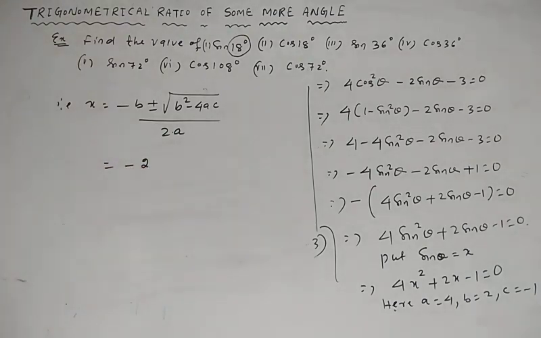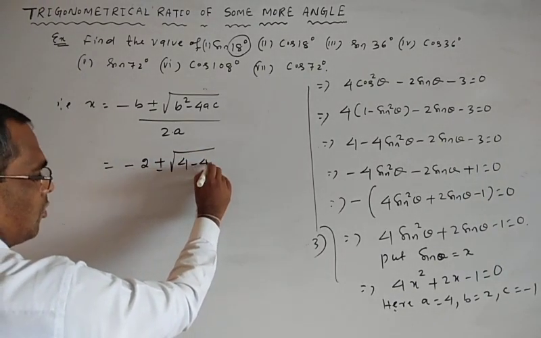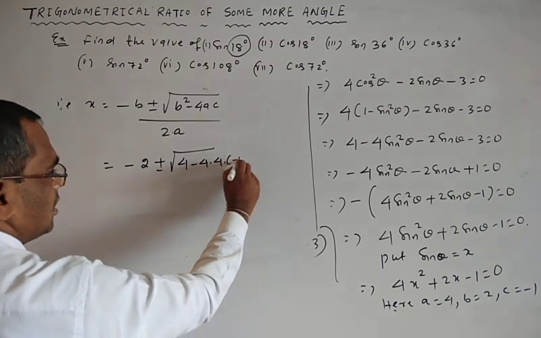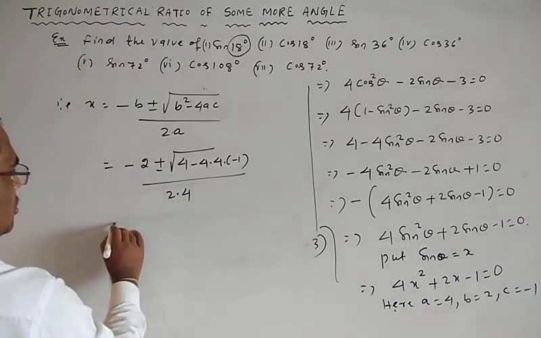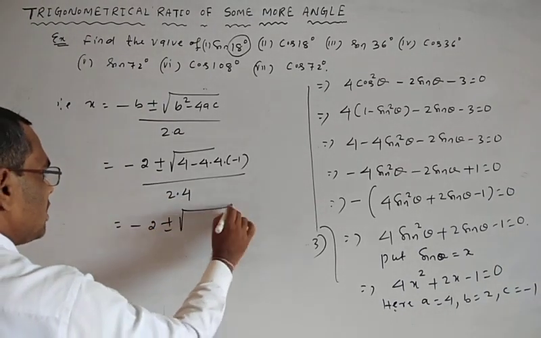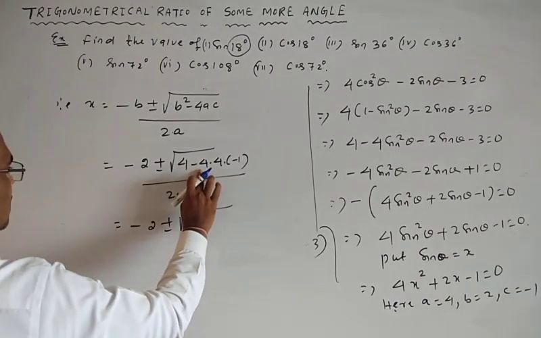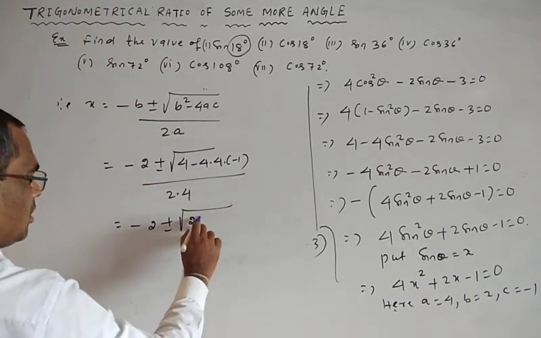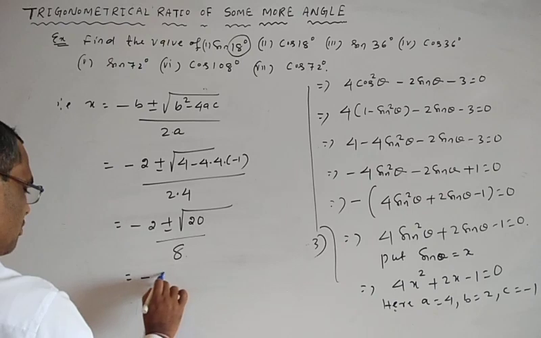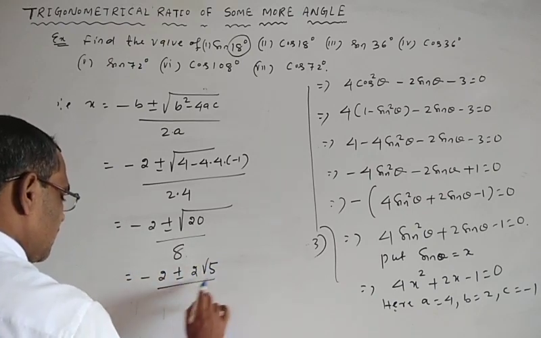So plus or minus root over b square means 4, minus 4, a means 4, c means minus 1, by 2a. So 2 into a means 4. So this is equal to minus 2 plus or minus root of 16, 16 minus minus 1, so plus 1... 16 plus 4, this is 20, by 8. So this is equal to minus 2 plus or minus 2 root 5 by 8.